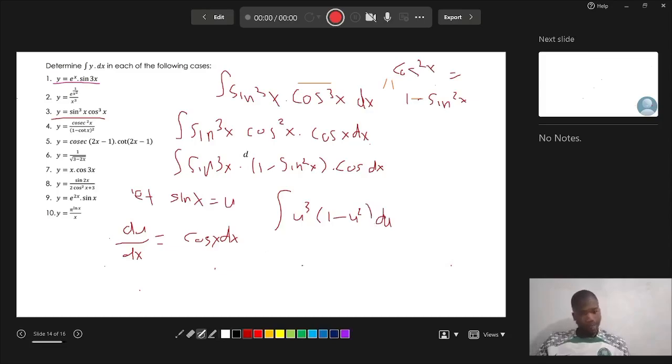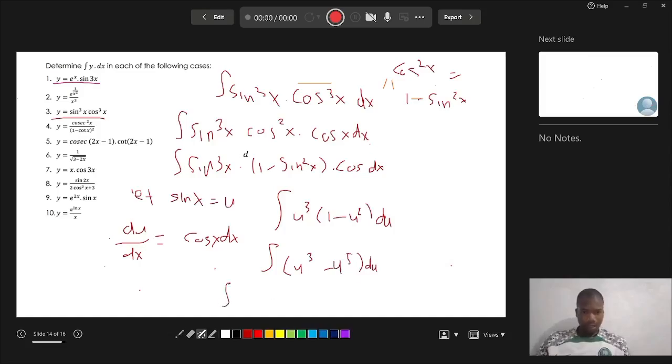So now we can further simplify it into u to the power 3 minus u to the power 5 du, right?